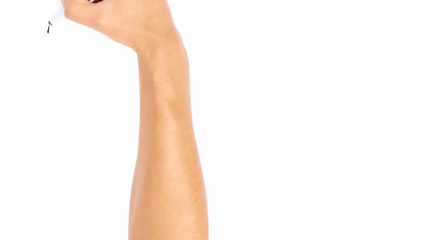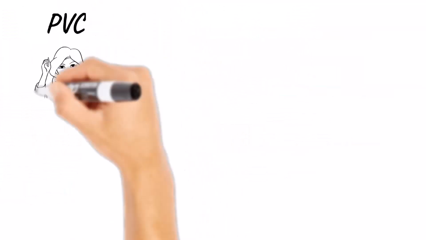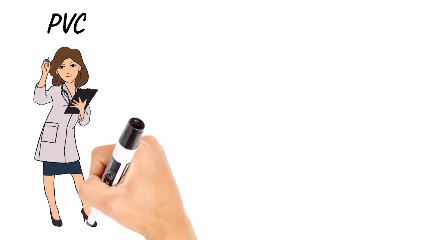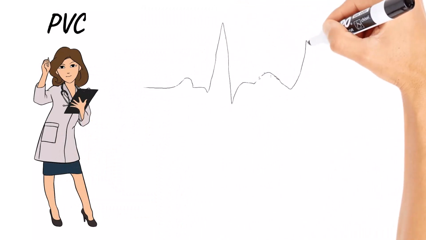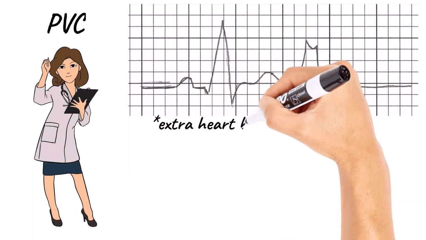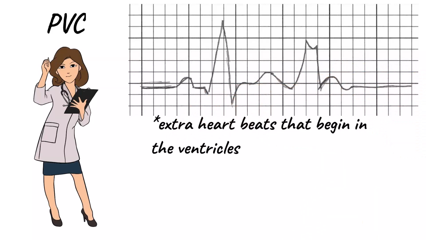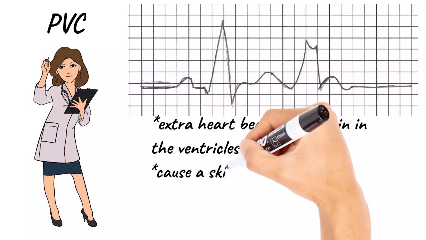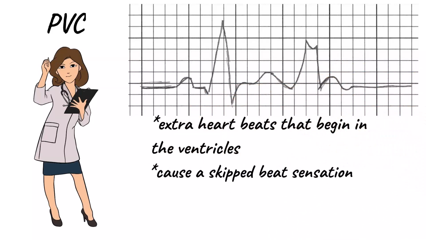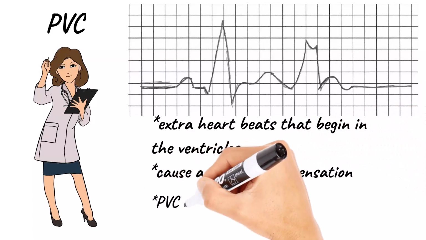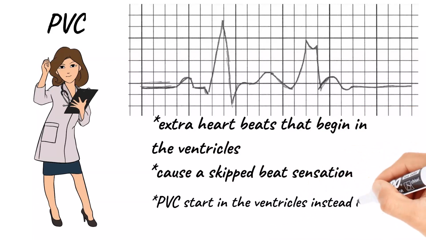This EKG shows premature ventricular contraction. PVCs are extra heartbeats that begin in one of the ventricles. These extra beats disrupt the regular heart rhythm, causing a fluttering or skip beat sensation. PVCs start in the ventricles instead of the atria, and the contractions usually beat sooner than the next expected heartbeat.